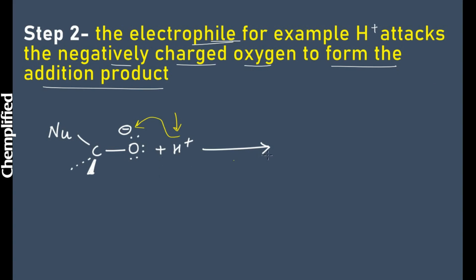It will get that lone pair of electrons, and this will give you our addition product. This is your OH. In this case we have got an alcohol. All right, so this is your addition product.